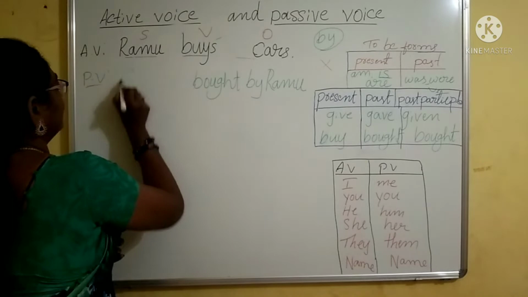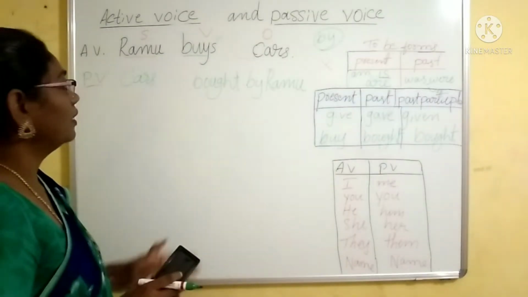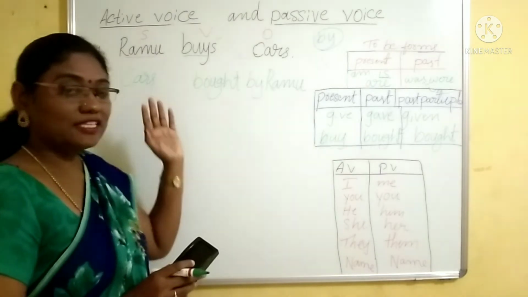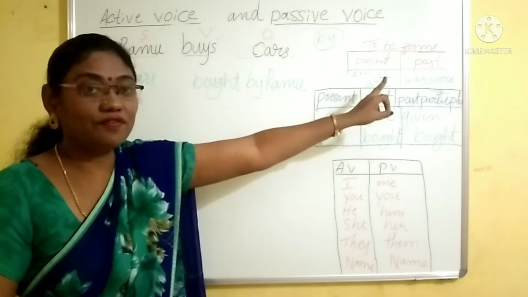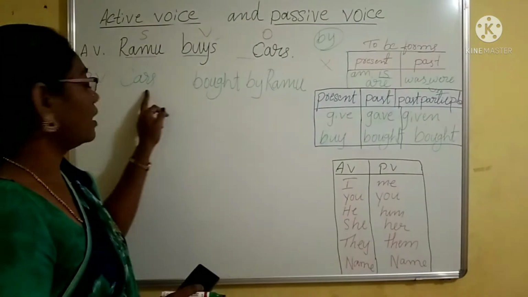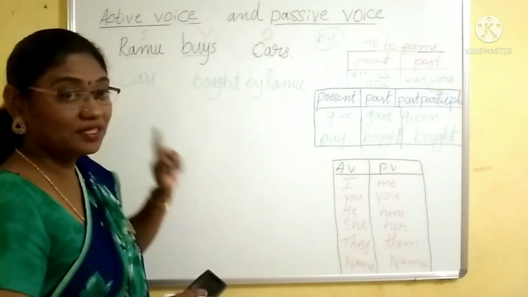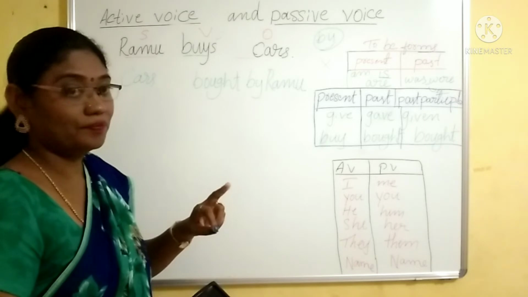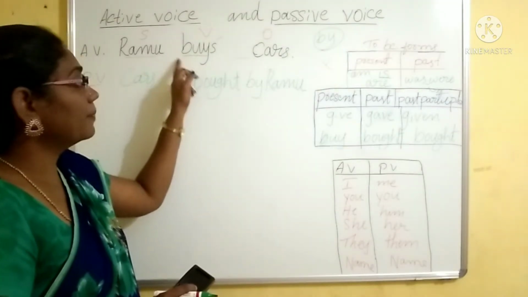Cars. And now, as per the steps, we have to select the to be form. How do you select that? Car is here plural. Here the subject is in plural, and the verb is in present.